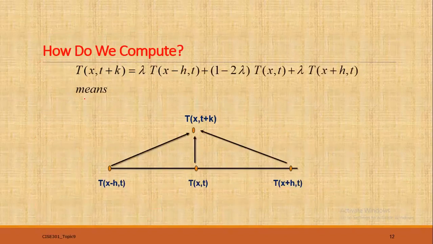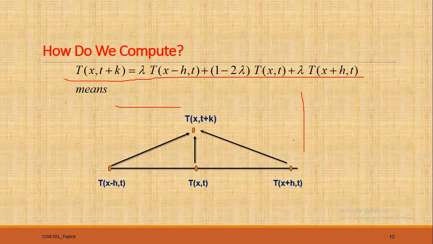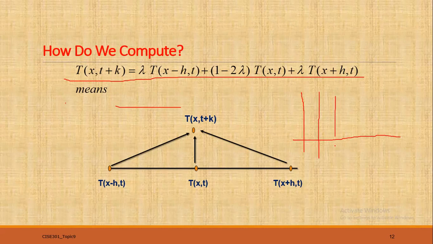Okay, how do we compute? So we know this equation. What is the meaning? We discretize the x space and the time, and we define the mesh, we define the grid. Suppose our grid is this, as for example.